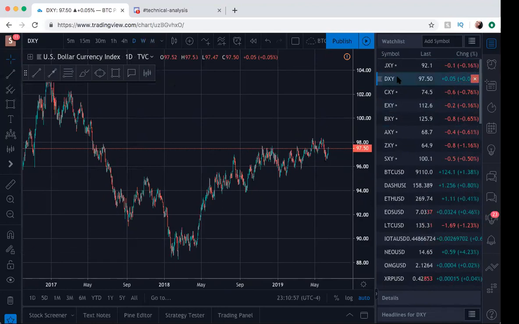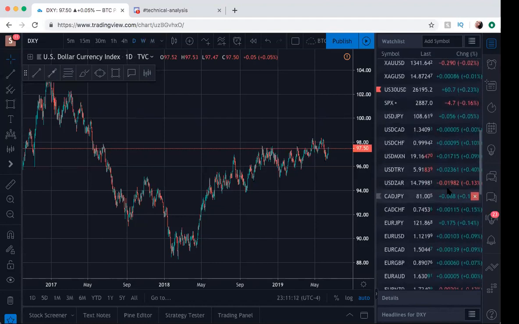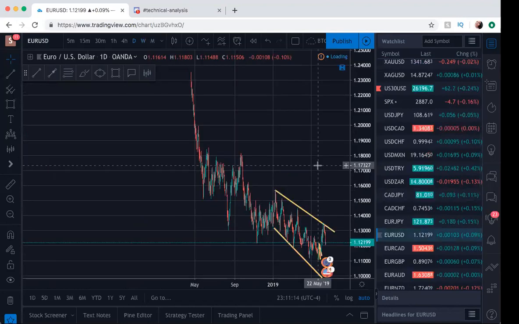Now we go to the DXY. And what's the DXY doing? It's bullish. So taking a sell where the US dollar is getting strong and the euro is getting weak, taking a sell on Euro USD seems very likely that it's going to go in your favor.